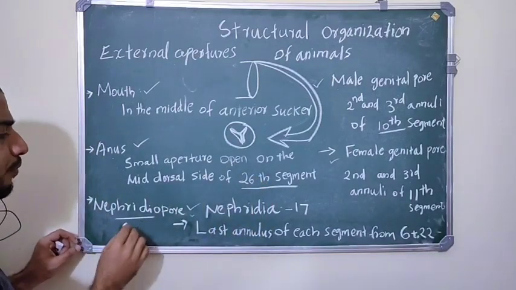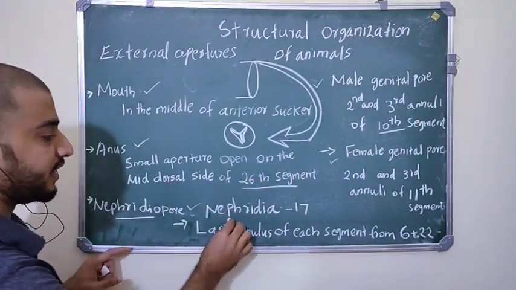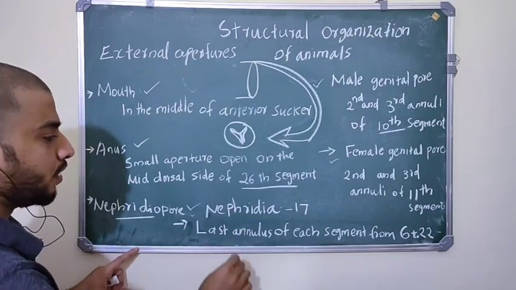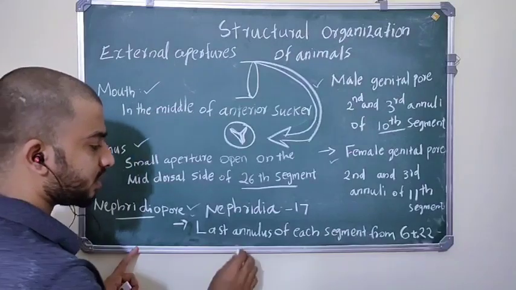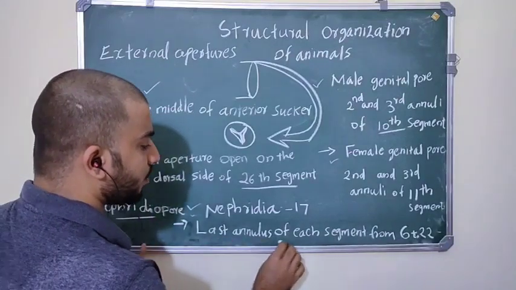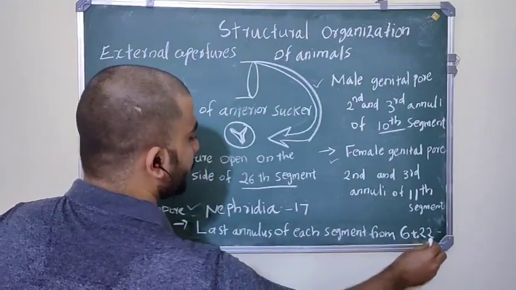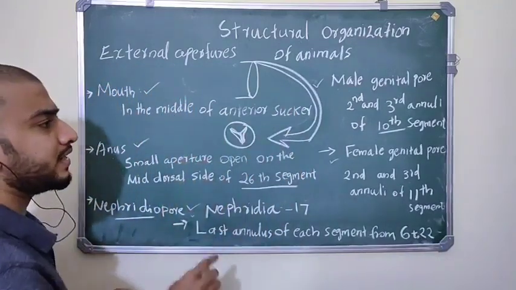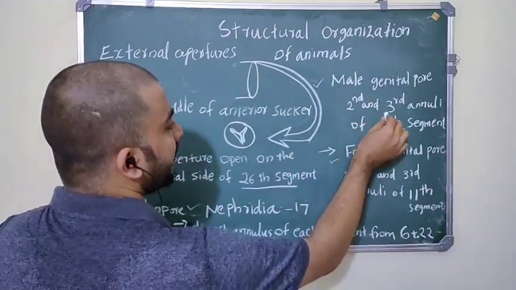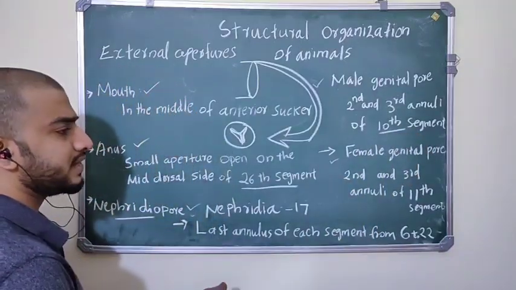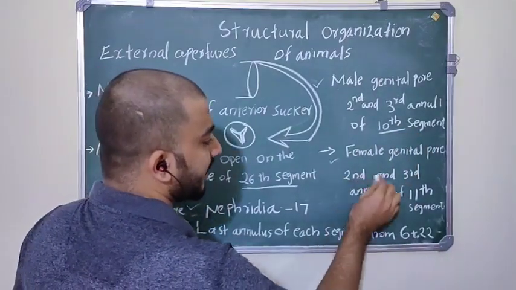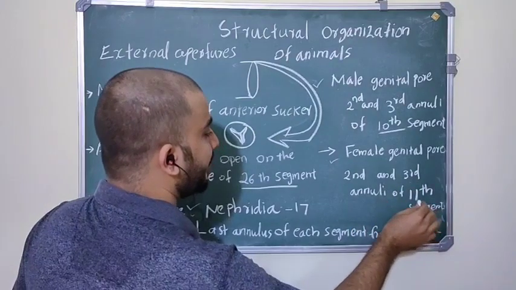The nephridia, the excretory organ, open by 17 pairs of nephridiopores, present on the last annulus of each segment from 6 to 22. The male genital pore is present between the second and third annuli of the 10th segment, and the female genital pore between the second and third annuli of the 11th segment.